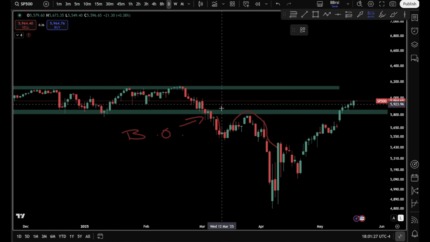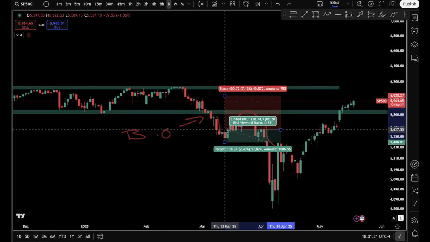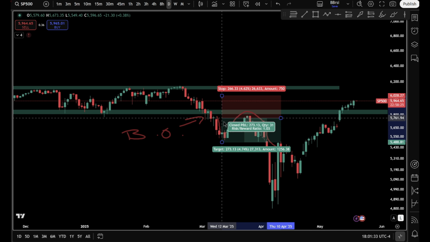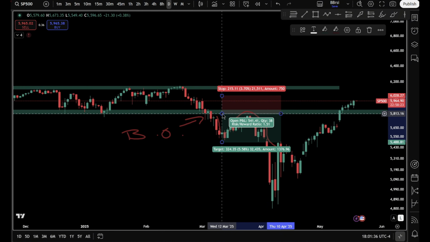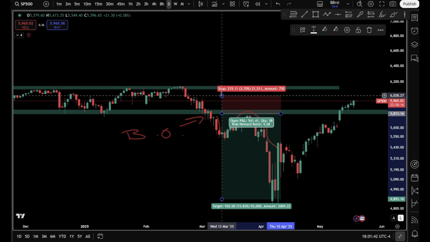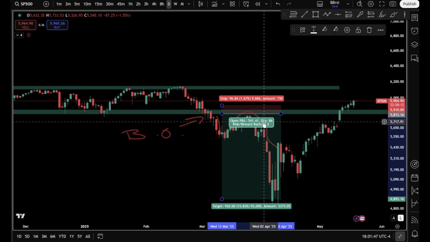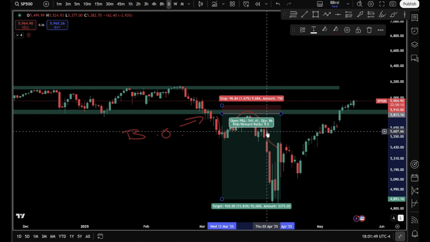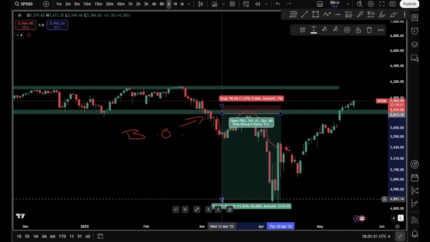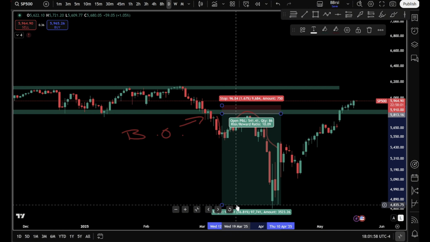Just so you see, if you had come in right here in this breakout, you see that with a tight stop loss just above here. Look at that, 1 to 9.5. If you actually stretch it a bit more, it would have been 1 to 10.